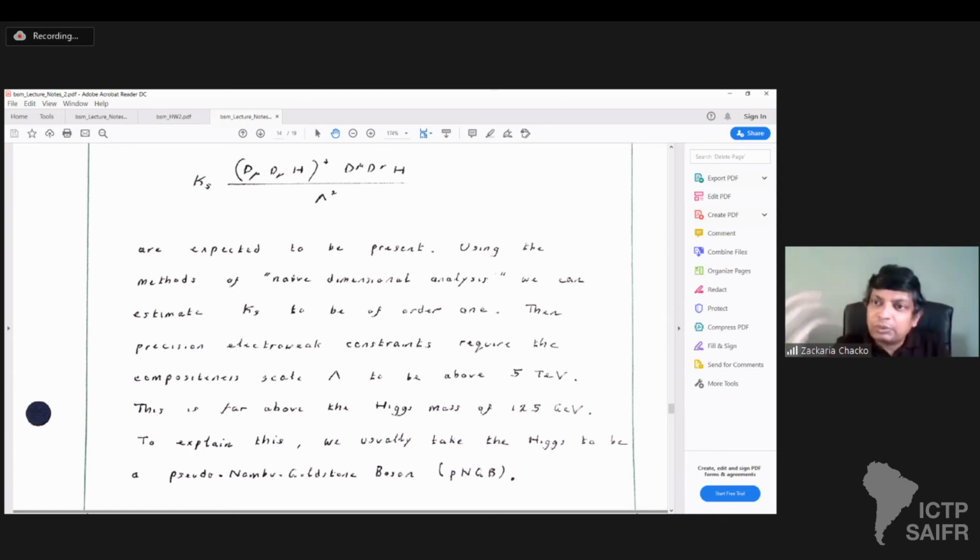It's a composite Goldstone boson, and that explains why it can be at least somewhat lighter than 5 TeV. So this is the idea, and this is the approach I'm going to follow. I'm going to take the Higgs to be a composite pseudo-Nambu-Goldstone boson of some strong dynamics.